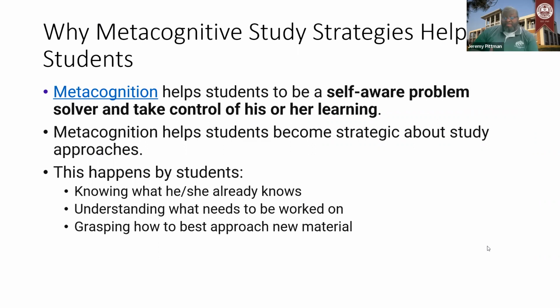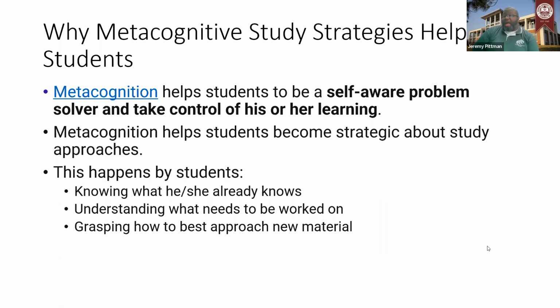Again, for me, I've always had the goal of getting my students to be accountable for their learning. This particular tool, the exam wrapper, helps to support that, because metacognition is helping our students to become the type of problem solver that has a deep level of self-awareness. And then they can actually take control of their learning.